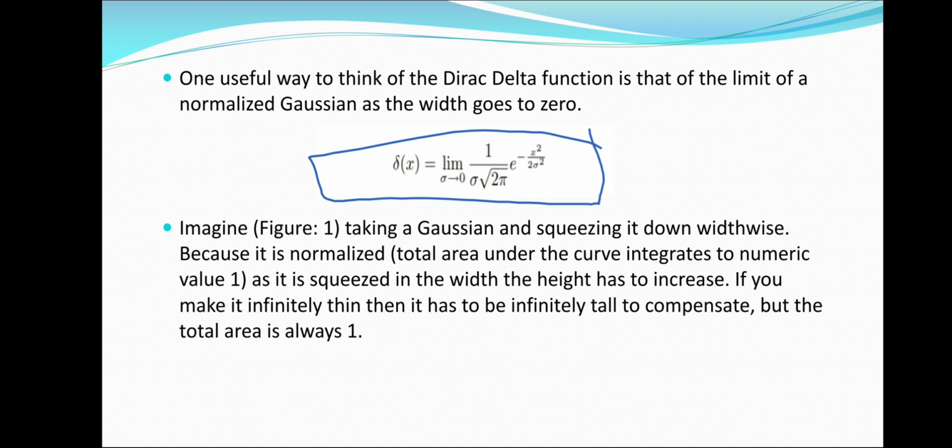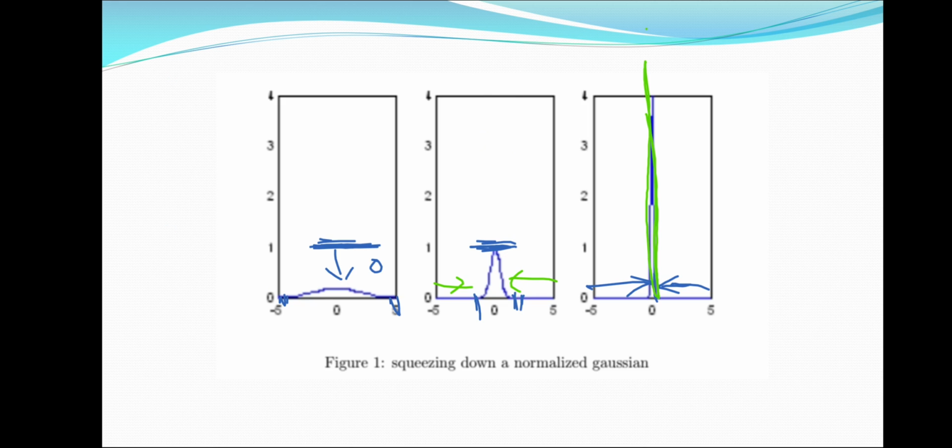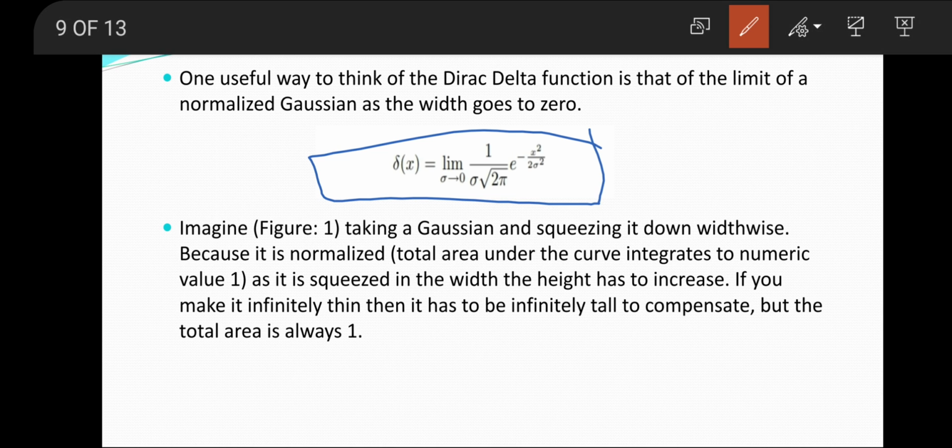Since the width is decreasing, the height is increasing. If you make it infinitely thin, it has to be infinitely tall to compensate, but the total area is always 1. Whether it is slightly squeezed or becomes infinitely thin, the total area is always equal to 1.